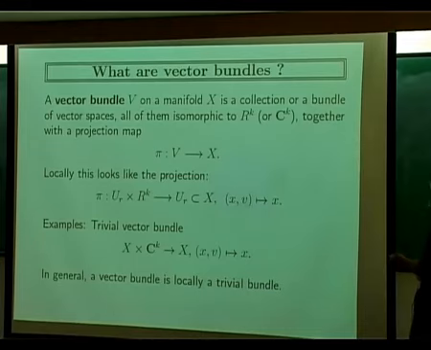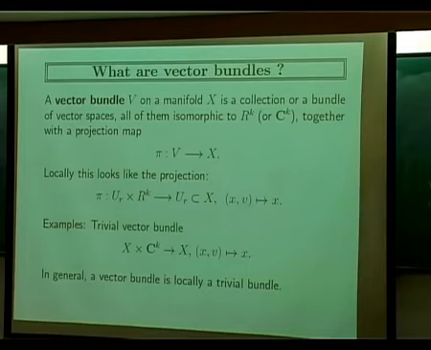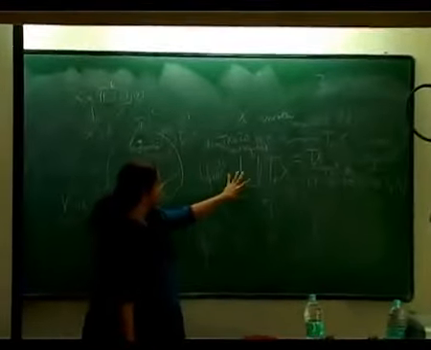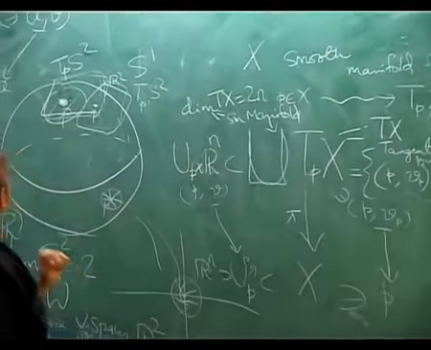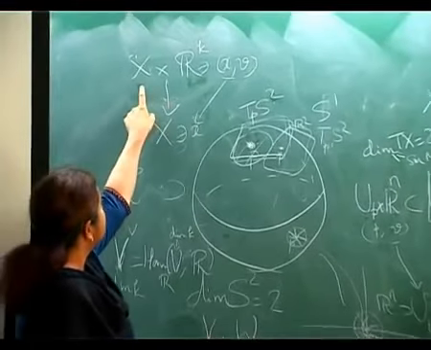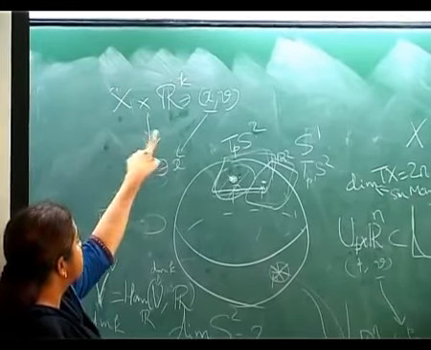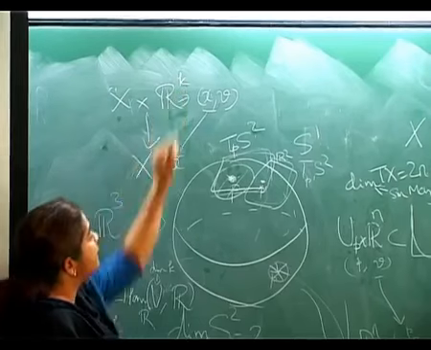The rank of the vector bundle is just the dimension of the vector space. So for example, in this case you have the union of tangent spaces, so the rank of this tangent bundle is just the dimension of this vector space. In this case it happens to be n, but in general if you look at such a trivial product, I mean you have just X and your k dimensional real space, so the rank of this bundle is going to be k.